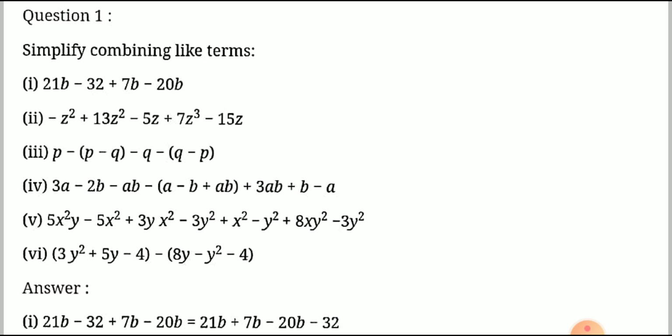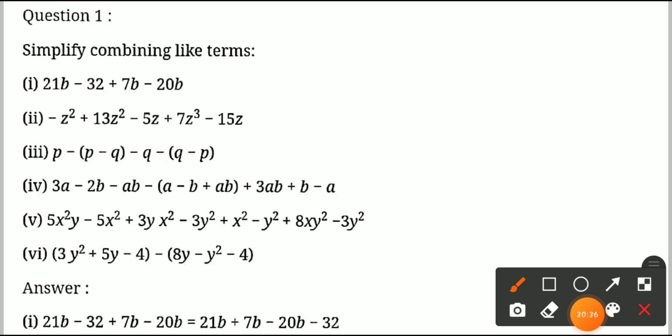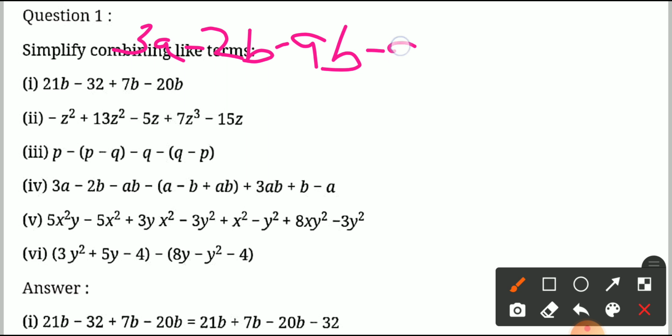Now the fourth. 3a minus 2b minus ab. Then we will open the bracket: minus a plus b, then minus ab.